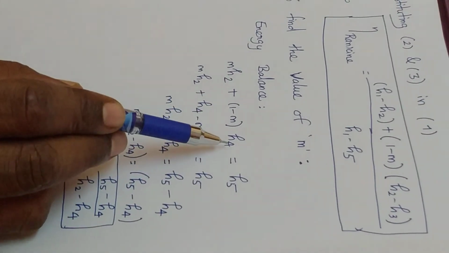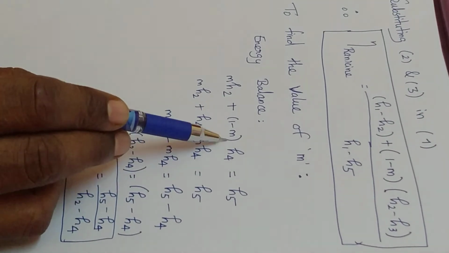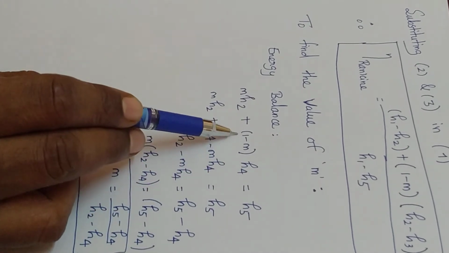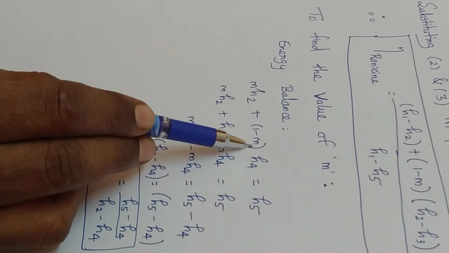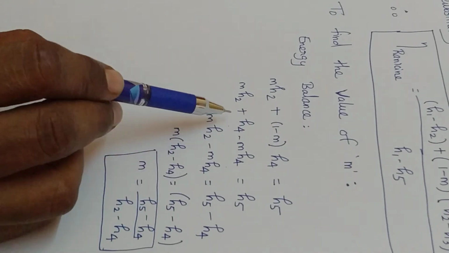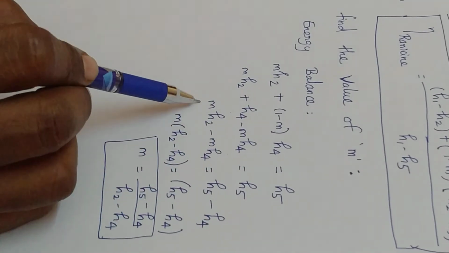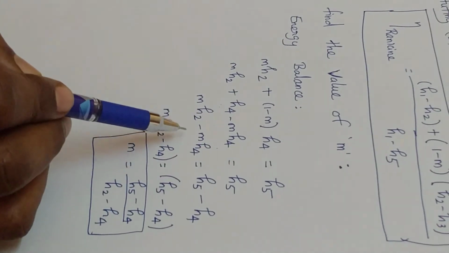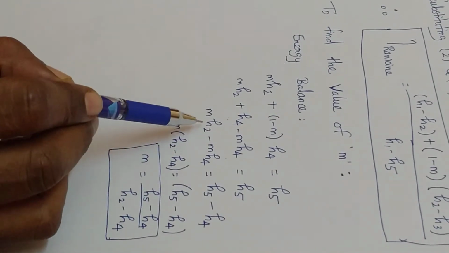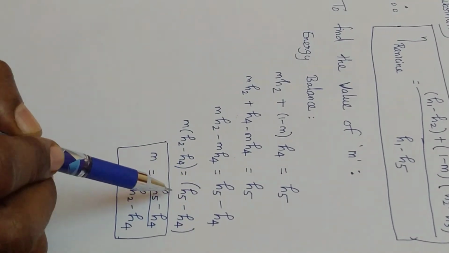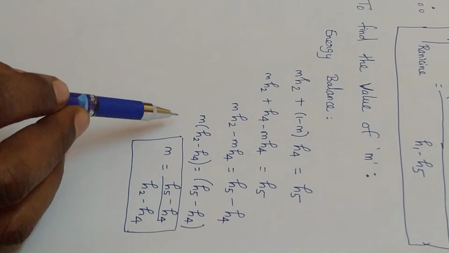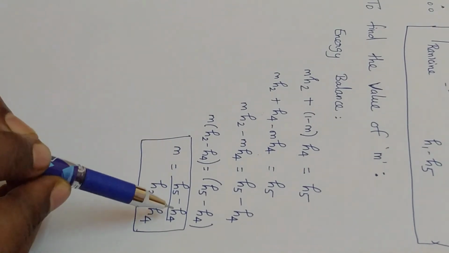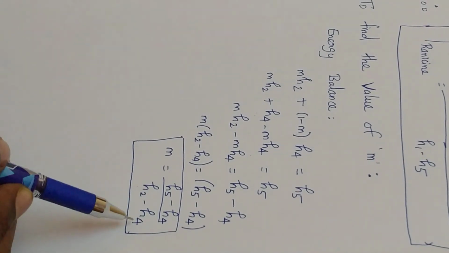Let us multiply 1 minus m and H4, we get H4 minus m into H4, that is mH4. So we bring this H4 to this side, and only the m terms on this side. We can take m commonly outside, we get m into H2 minus H4 is equal to H5 minus H4. Therefore m is equal to H5 minus H4 divided by H2 minus H4.